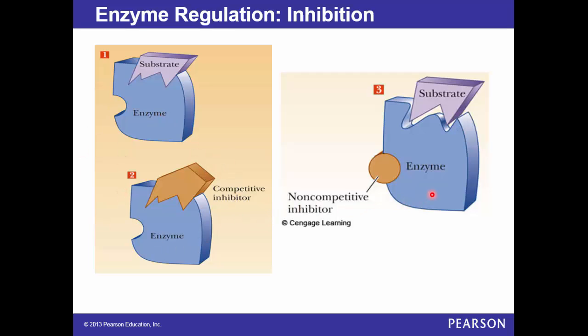Whereas the non-competitive inhibitor binds to a site other than the active site. So once it binds, it changes the conformation of the active site, so the substrate can no longer bind. Or if it binds, the reaction will not occur. So in this case, however, increasing substrate concentration will not relieve this type of inhibition.